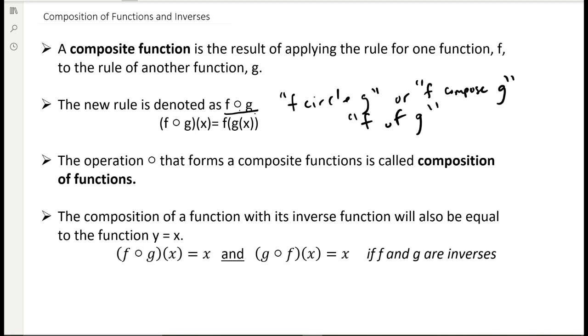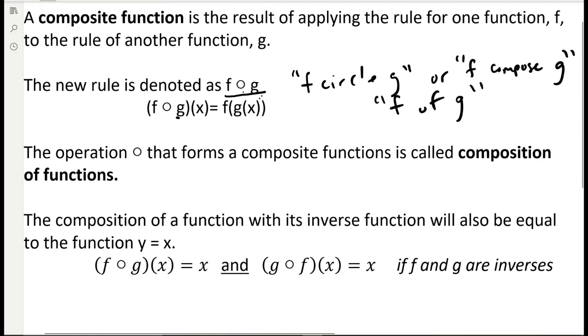So basically what this means is you're going to take the first function right here, the G, and you're going to plug it into F, right? So that's what this is here. This is F, and you're going to plug in the G inside of F. So what does that actually mean? Well, that means that you're going to take the entire rule for the G of X and then plug it into the old rule of F of X and get a new one. So we'll show you an example of how that looks.